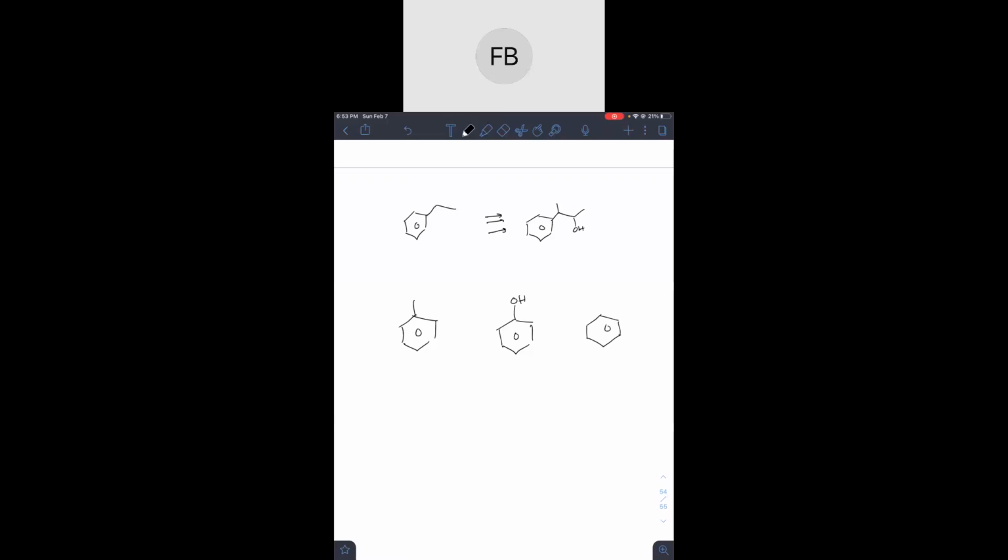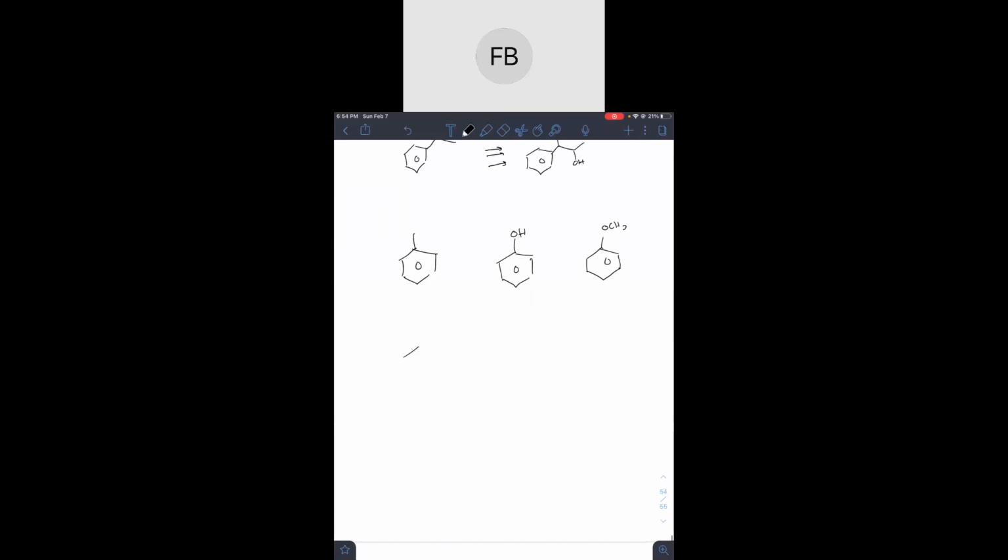What's this? Anisole. That's anisole. What's this? Those are the harder ones.